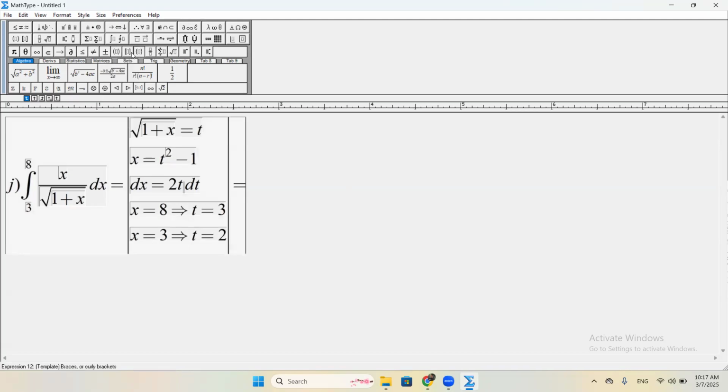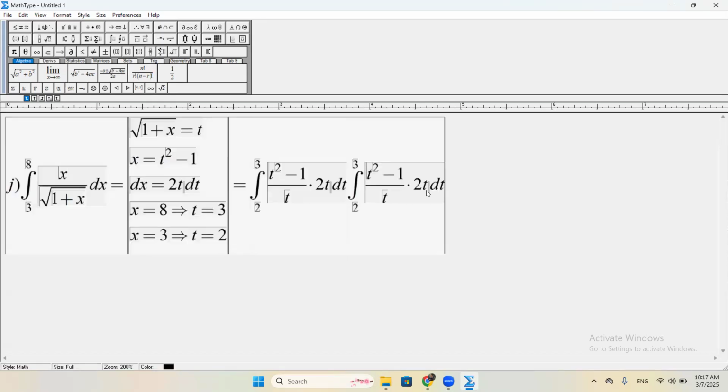And now we have a new integral that is rationalized, from 2 to 3, of (t squared minus 1) over t, multiplied by 2t dt. So t can be cancelled here, and 2 will be moved out of brackets.